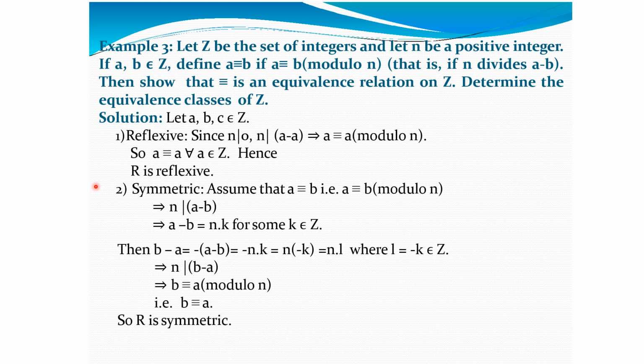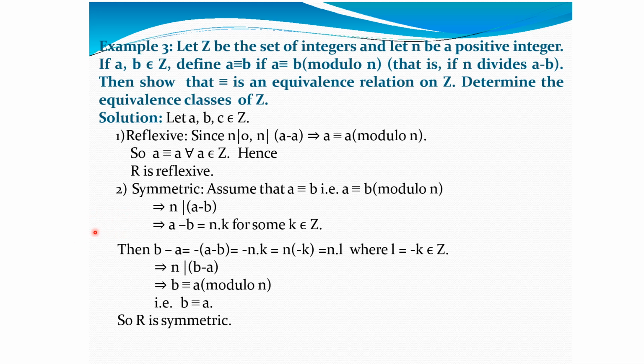Now the second property is symmetry. In symmetry, for two elements a and b in Z, we assume that a is related to b. In that case, we have to show b is related to a. As a is related to b, by definition, a is congruent to b modulo n. By definition of congruence, this implies n divides a minus b.